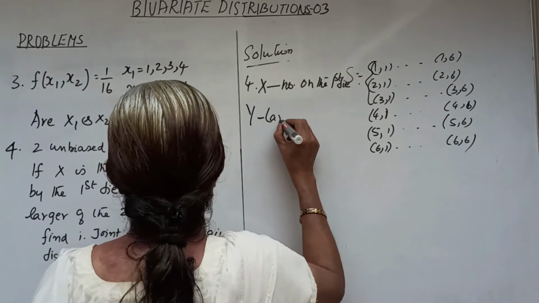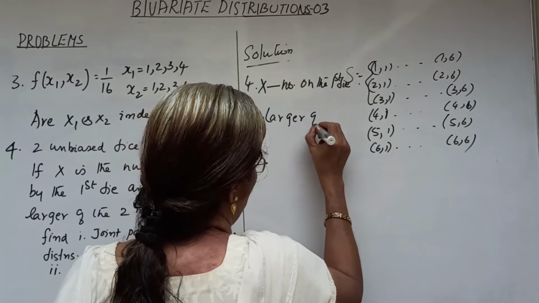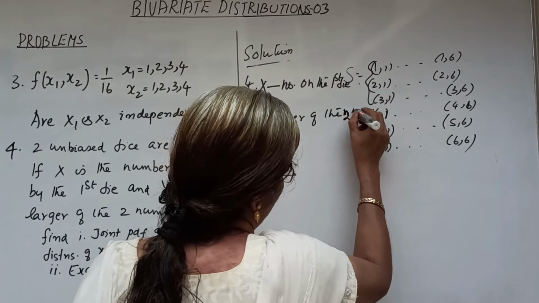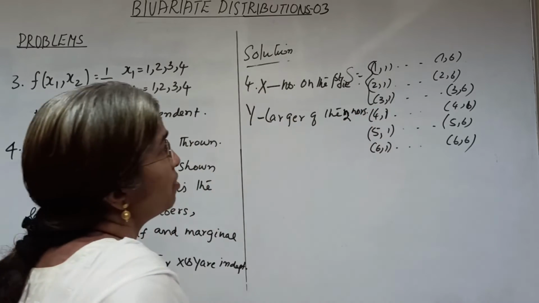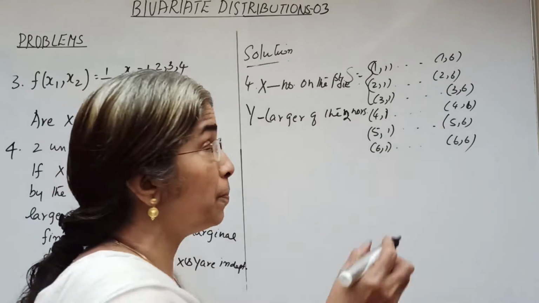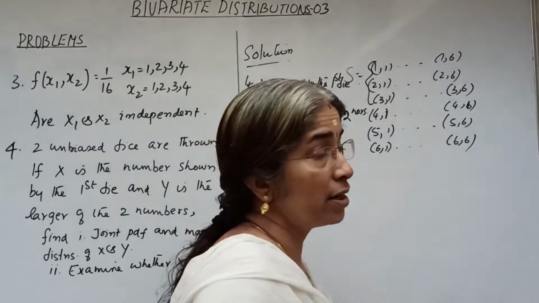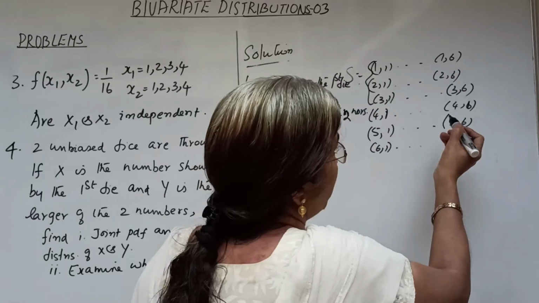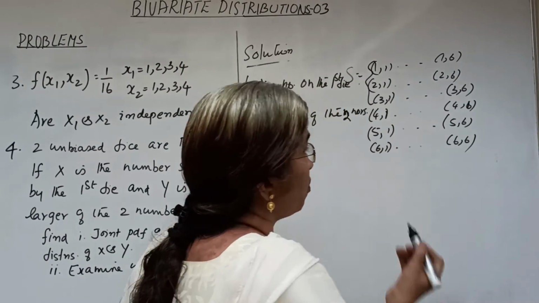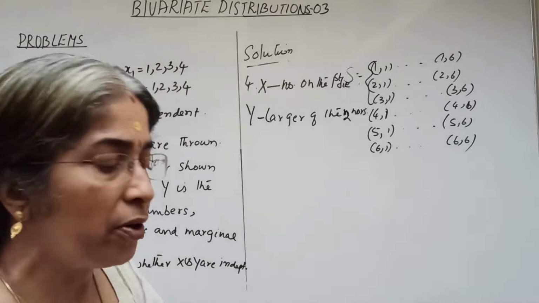Y is the larger of the two numbers. That is, if the pair is (1,1), y equal to 1. But if the pair is (1,6), y equal to 6. If the pair is (2,6), y equal to 6. If the pair is (5,1), y equal to 5, and so on.